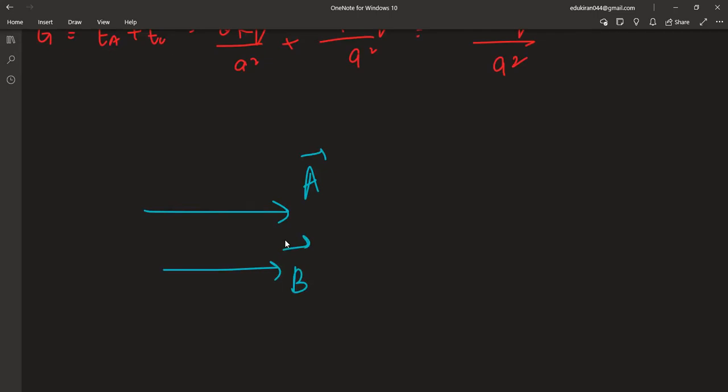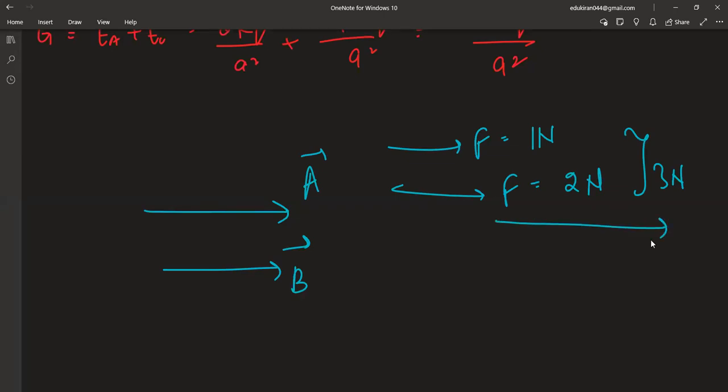If I tell you 1 Newton of force is acting in this direction and 2 Newton is acting in this direction, what will be the net force? 3 Newton. But if 2 Newton is acting here and 1 Newton is acting there, what will be your answer? 1 Newton, towards this side, because this has higher magnitude.